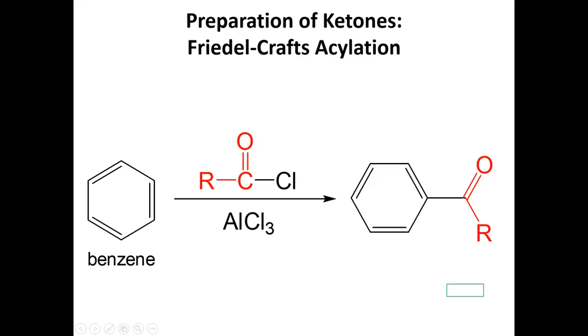At the benzene ring here, you have one hydrogen. This one hydrogen will be substituted with this acyl group, C double bond O R. So at the end of the reaction, you will get ketone.